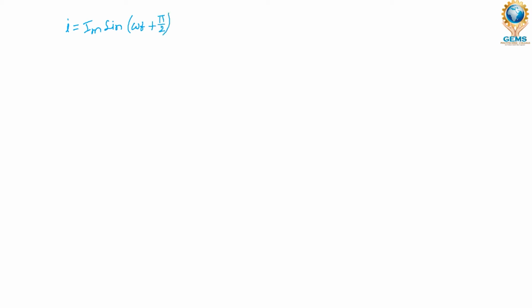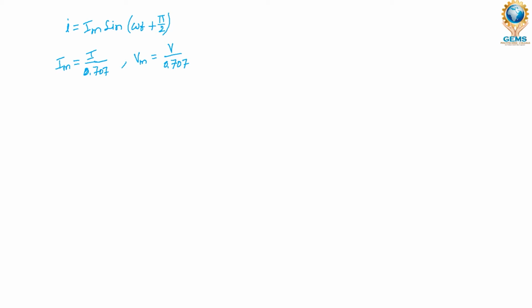From here, what is the value of Im? Im equals to I average by 0.707, comma, Vm equals to V average by 0.707. I already told this is the RMS values.